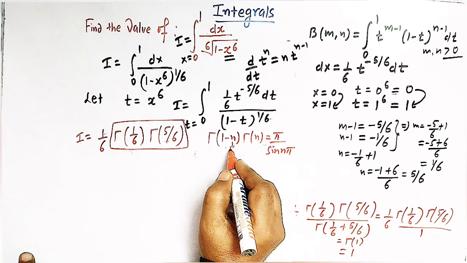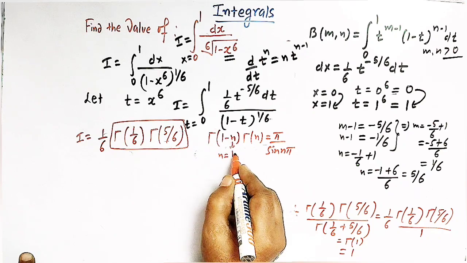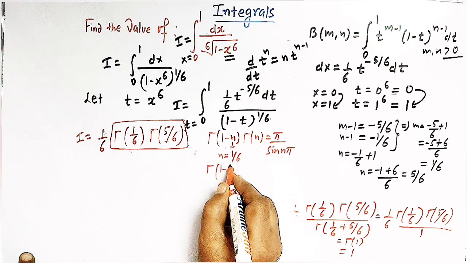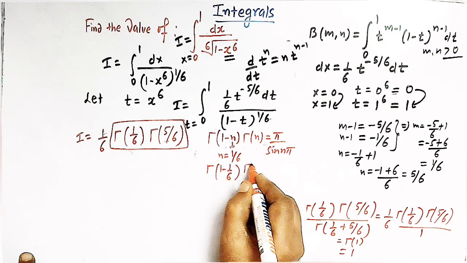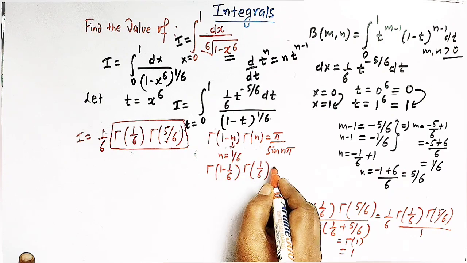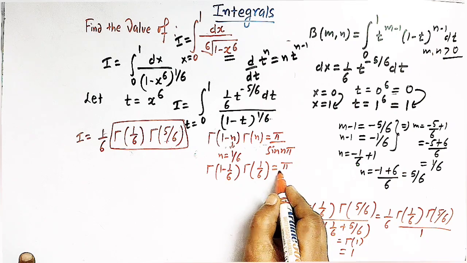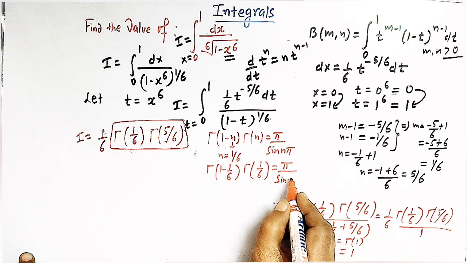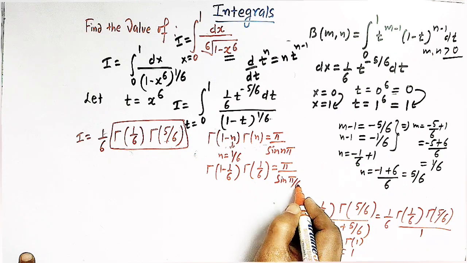So if we take this n as 1 over 6, then we have gamma 1 minus 1 over 6 times gamma 1 over 6, and here we have pi divided by sine of n pi, where n is 1 over 6, so pi over 6.